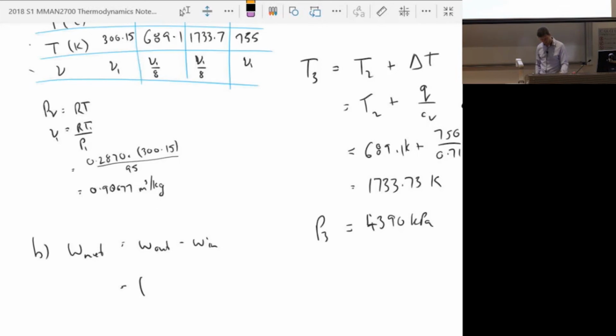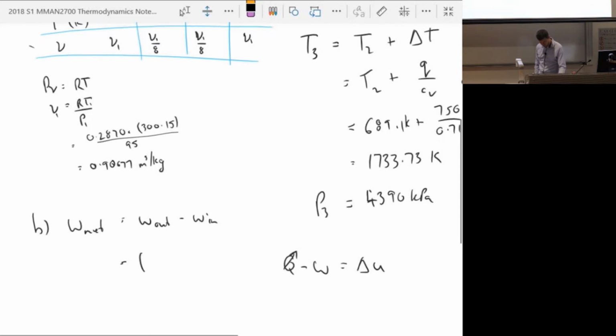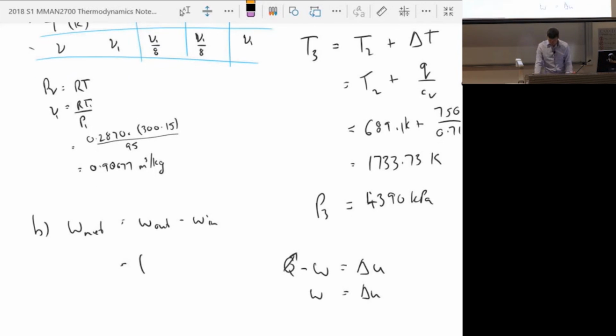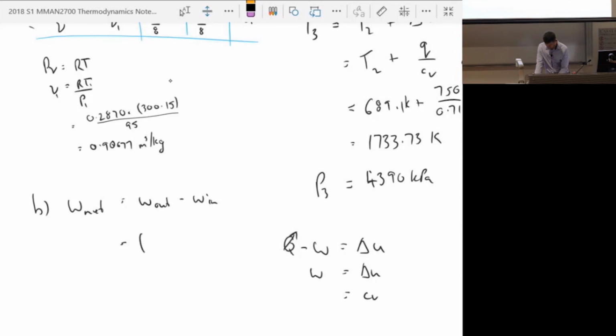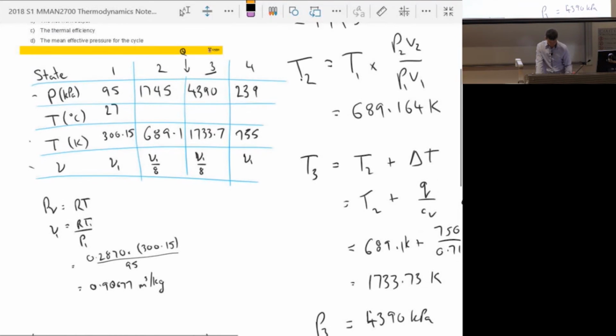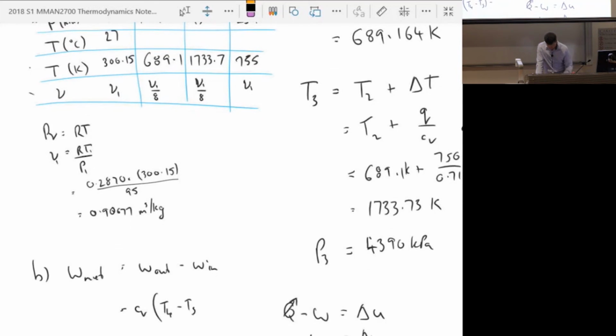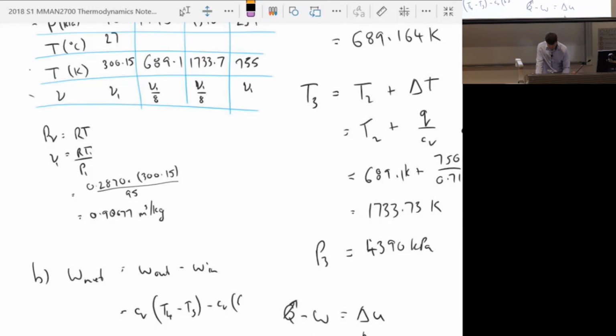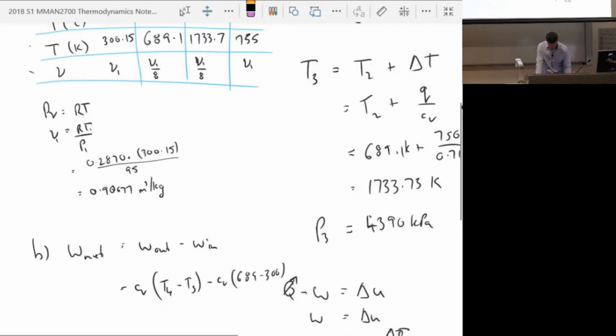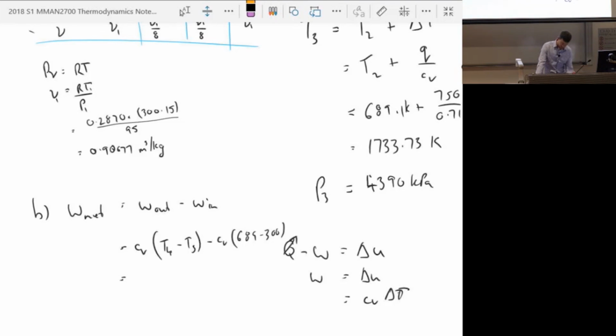From Q minus W equals delta U, during our processes that do work, Q is 0, so W is just delta U, and delta U is just CV delta T. So our net work is CV times work out, the expansion process between 4 and 3, temperature 4 minus temperature 3, minus work in, temperature 2 minus temperature 1, minus 300.